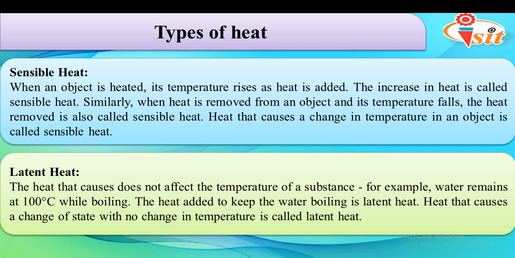Okay, on the other hand, if we talk about latent heat, then it is the heat that does not affect the temperature of the substance, but there will be a change in phase. So if we are adding some heat to the object and it does not make any change in the temperature, but instead there is a change in phase of that object, then we call it latent heat.